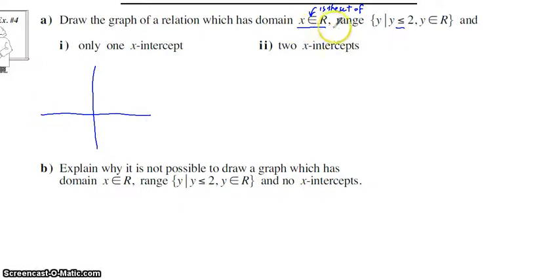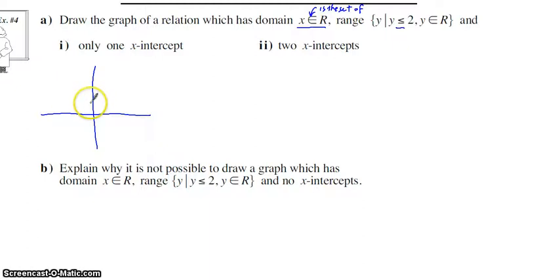Now the domain is all real numbers, so I need to make sure I cover all to the right and all to the left, crossing the x-axis just once, and y smaller than or equal to 2. For example, you can draw something like this.